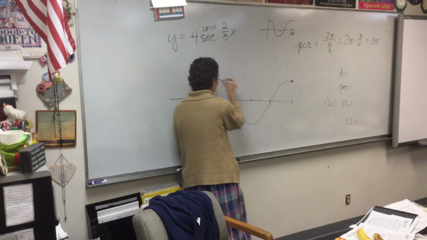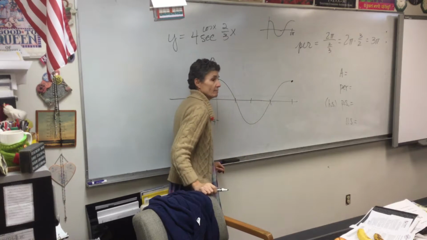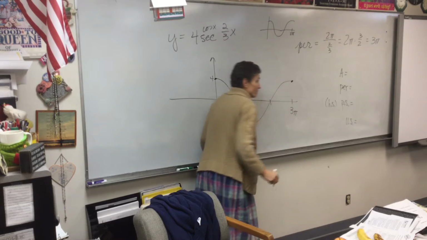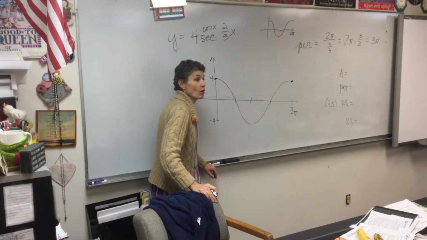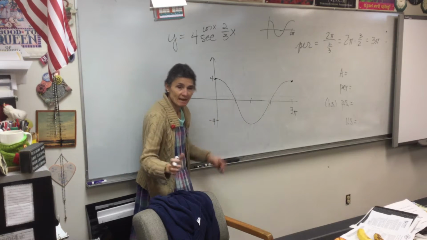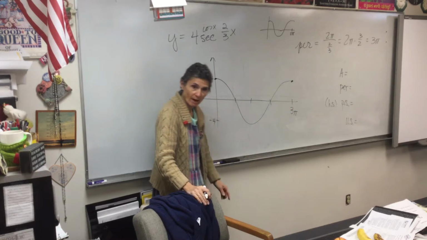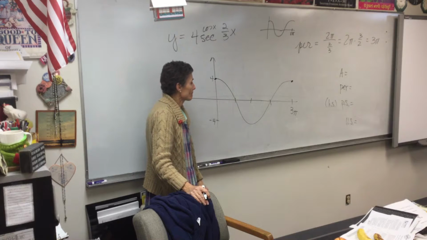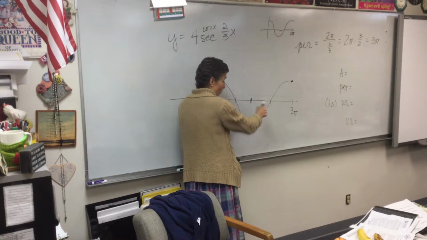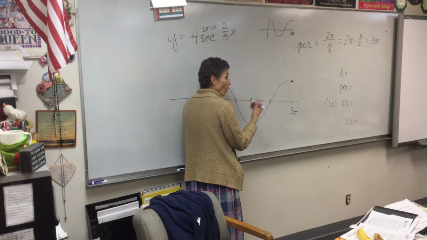Now that means dot to dot is 3 pi. Can I label this 3 pi this time? Yeah, because I started at 0. There's no shift. I didn't have to worry about starting in a different spot. This would be the midpoint. So the midpoint would be 1.5.